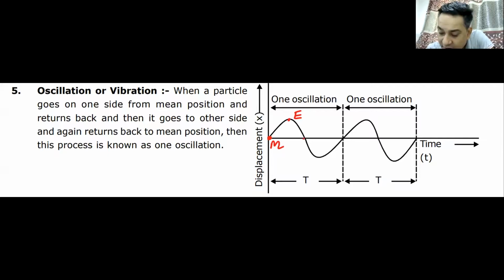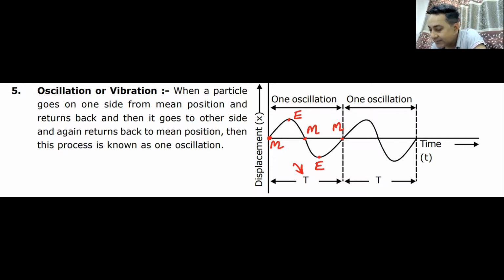Then it will come down to the mean position. It will pass the mean position. It will go back to the extreme left. And then it will come back to the mean position. From mean position to mean position, one time left, one time right. This is known as one oscillation. The time taken to cover this oscillation is known as the time period.